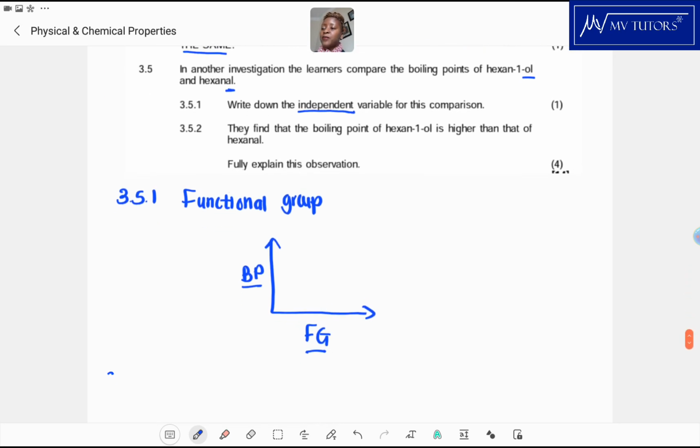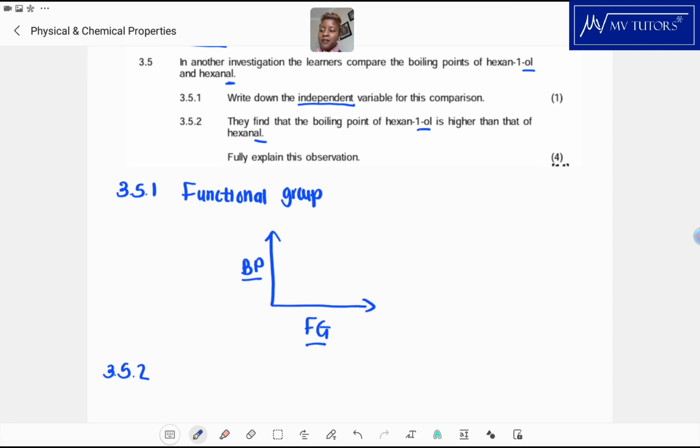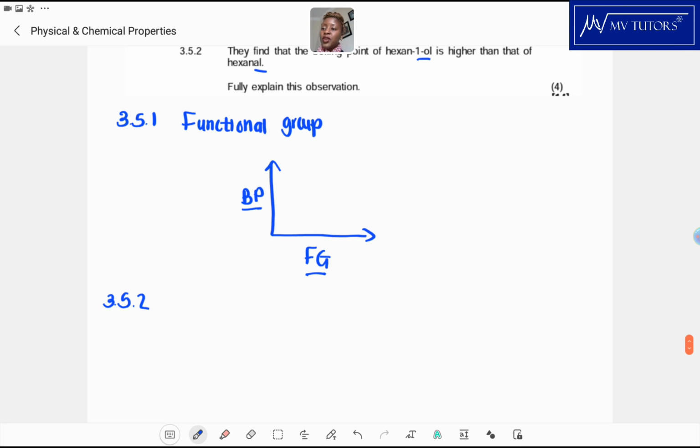Now 3.5.2, they find that the boiling point of hexanol is higher than that of hexanal. All right, so explain this observation. Again, with your alcohol, you have strong intermolecular forces because of the hydrogen bonding.